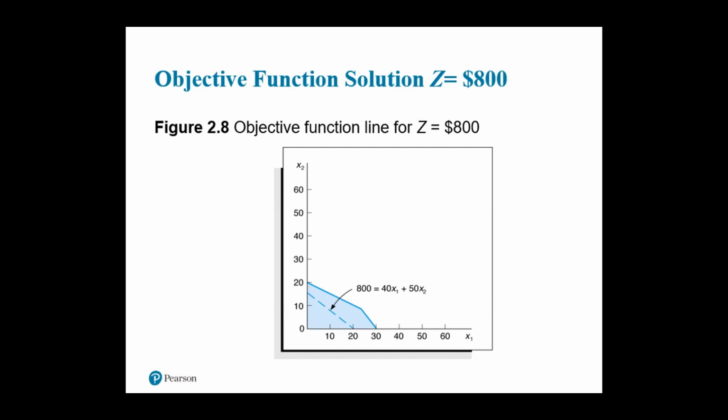And that is simply solving the constraints. So constraint 1 says what? X1 plus what? 2x2 is equal to, and then constraint 2 says what?